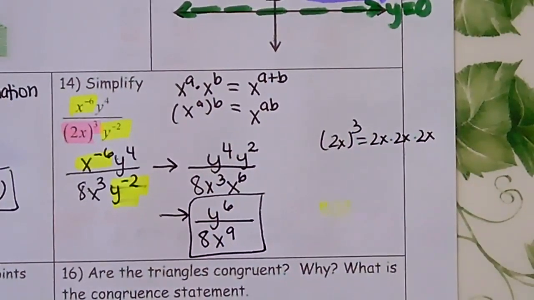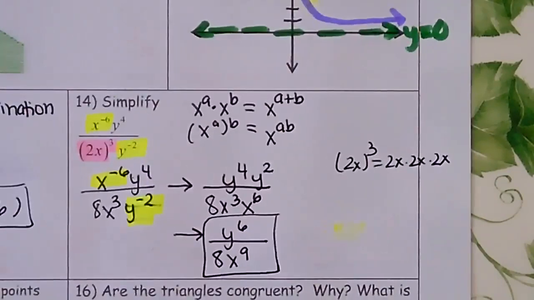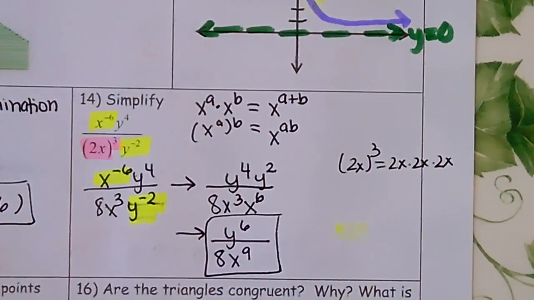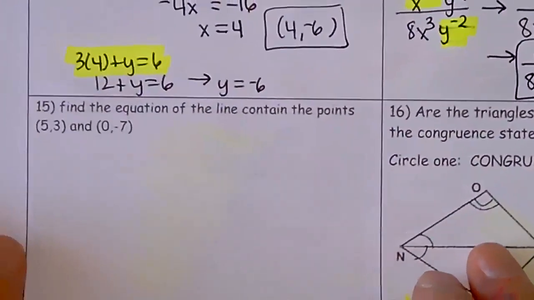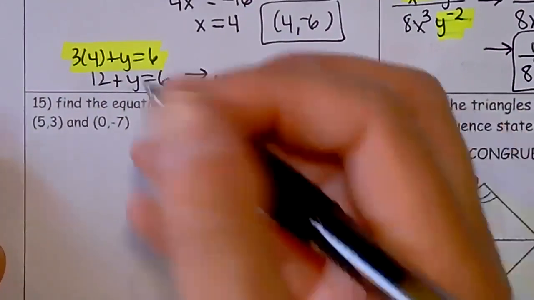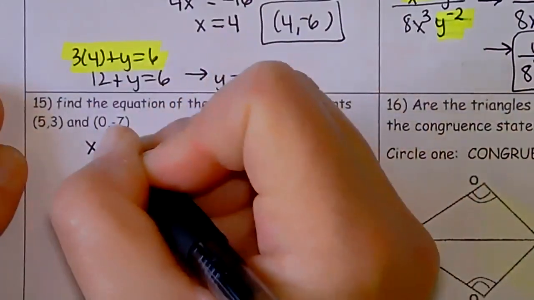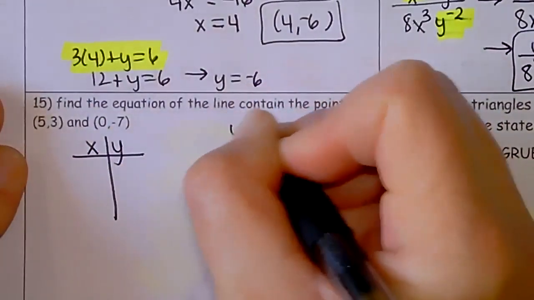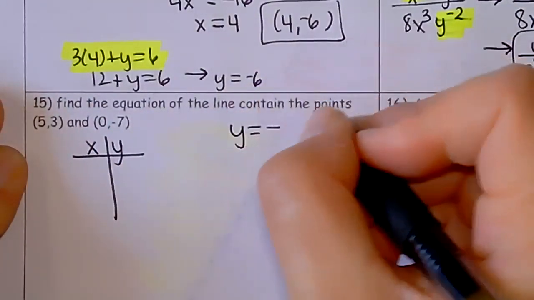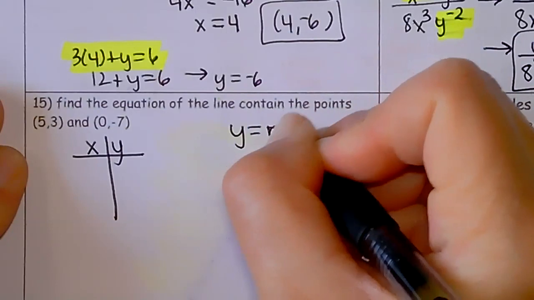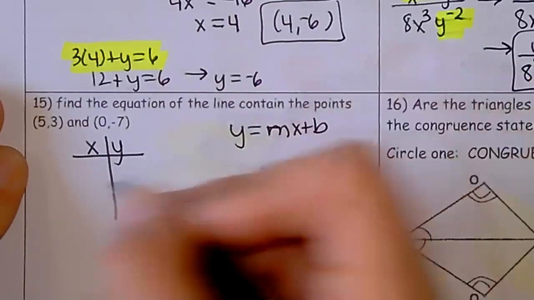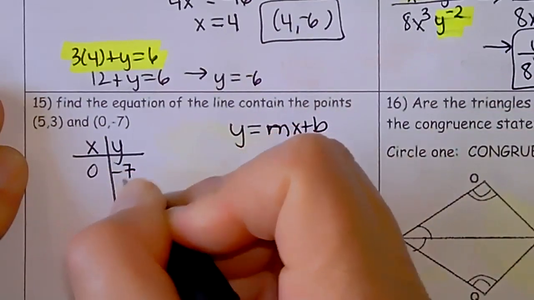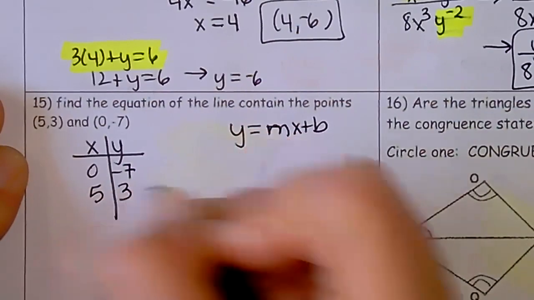Okay, number 15. So on number 15, a couple ways to do it. I think I'm going to make a table. So remember, y equals mx plus b. Okay, so we have 0 and a negative 7, and I have a 5 and a 3.